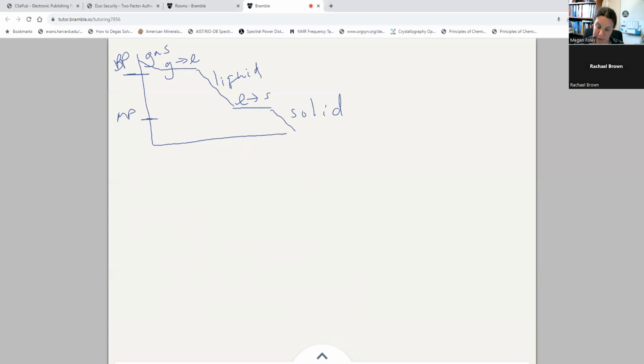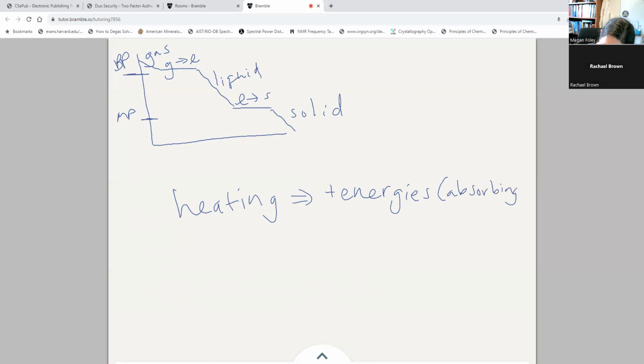With a heating curve, all of our energies should be positive because it's absorbing heat. And then with our cooling curve, we're going to be releasing heat.